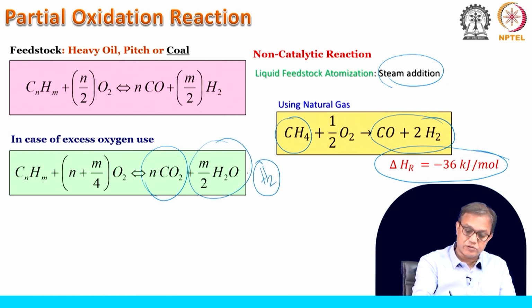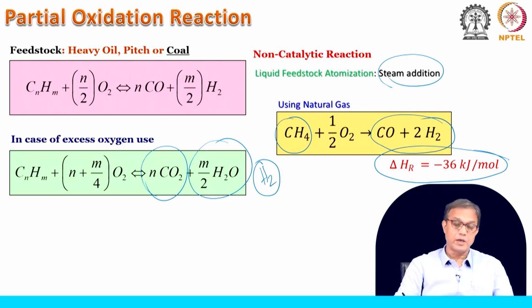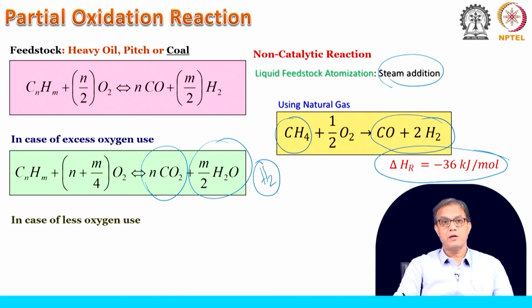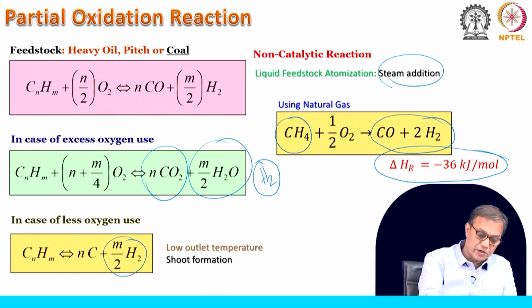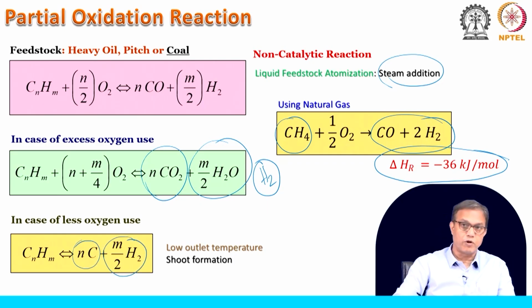This reaction is heavily exothermic in nature. So, this is about partial oxidation when happening in excess of oxygen, and when it takes place in the presence of less oxygen, it will generate hydrogen, but there would be a lot of soot formation.